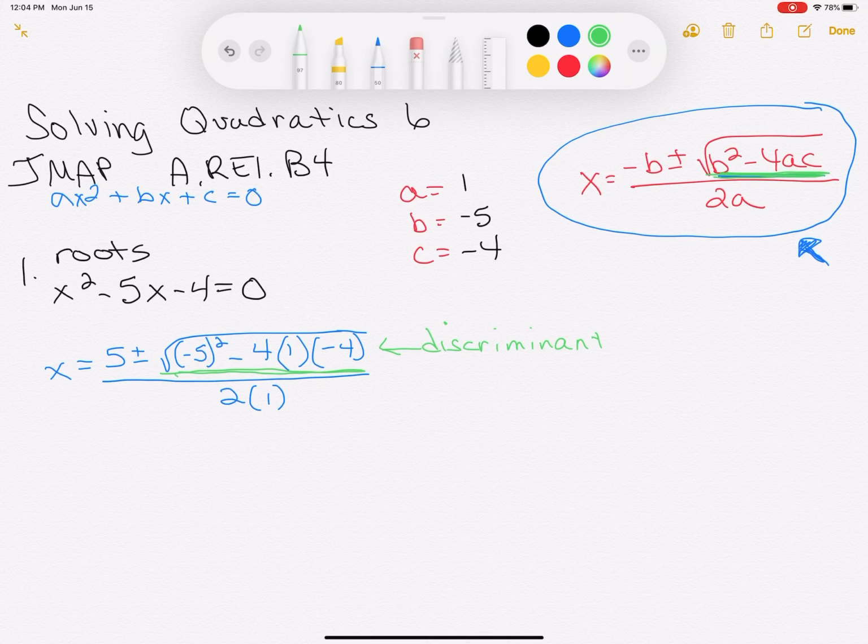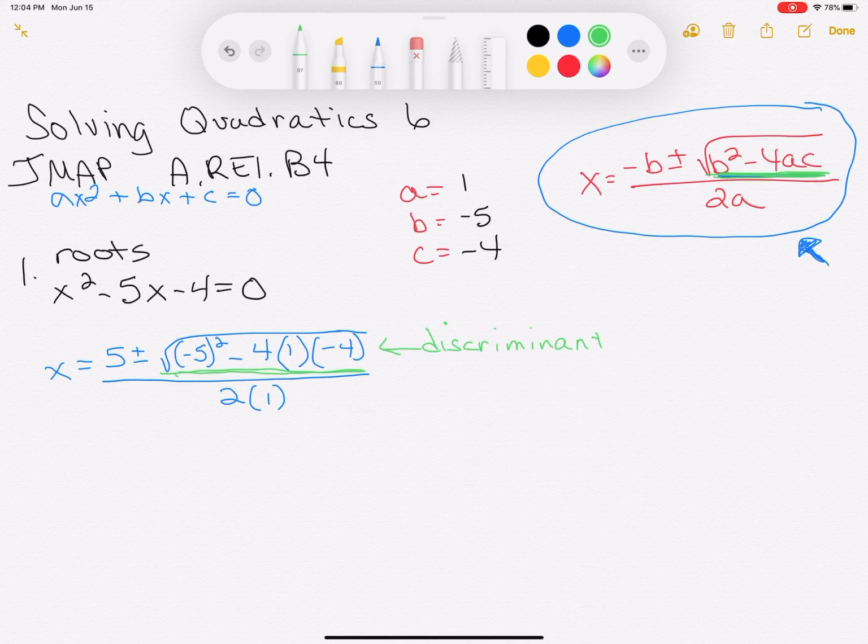If the discriminant is not a perfect square, then it's going to come out to be 2 irrational numbers, and you would leave that in most cases in square root form unless they ask you to round it. And then you're going to put that in your calculator, which we'll do in the very last video.